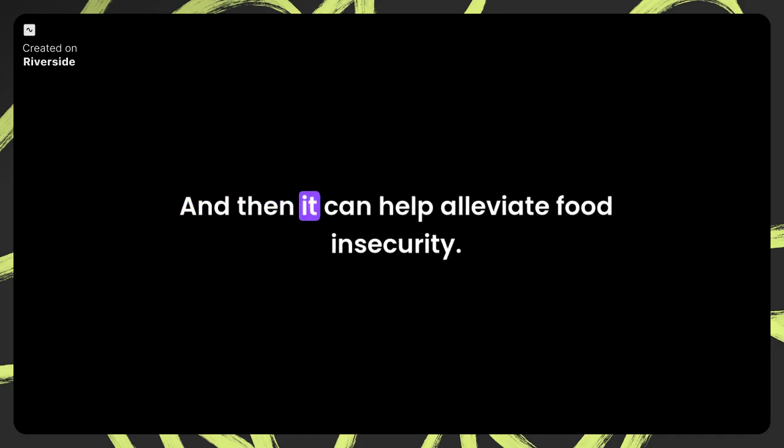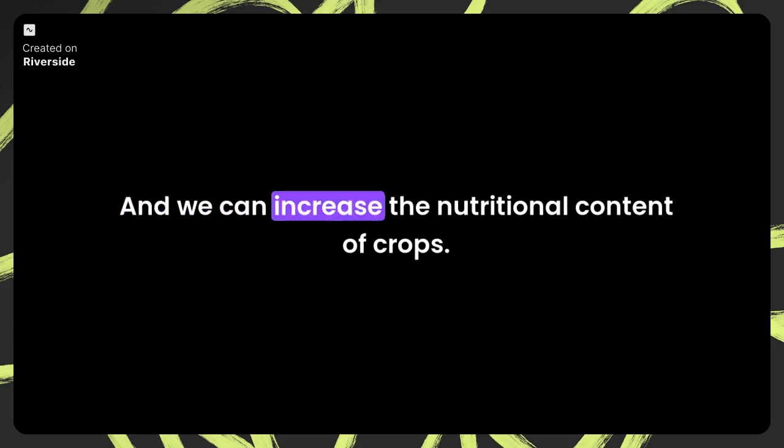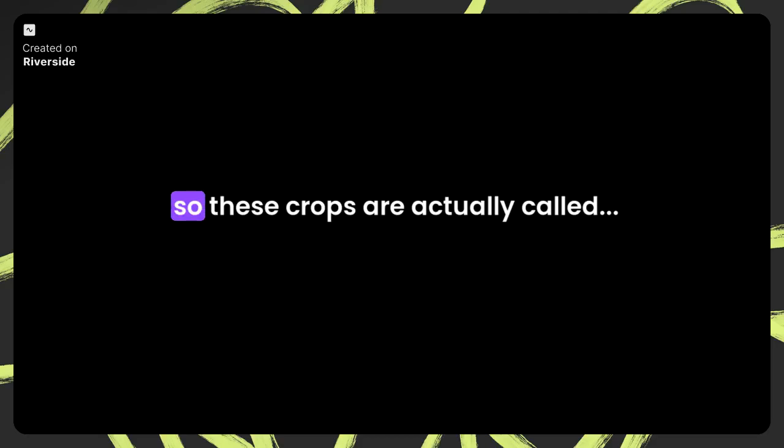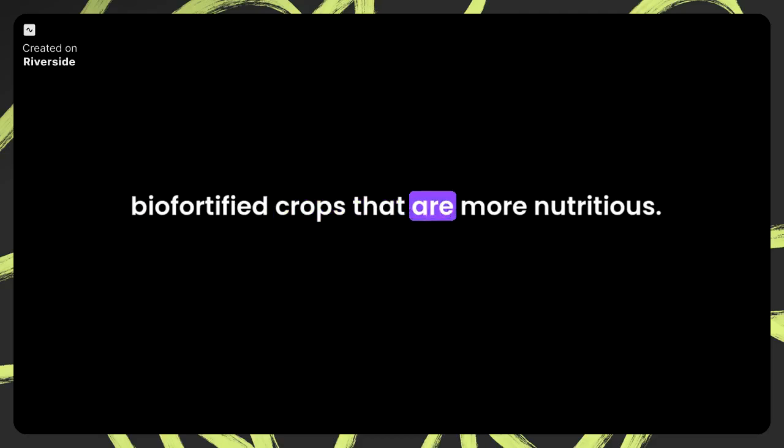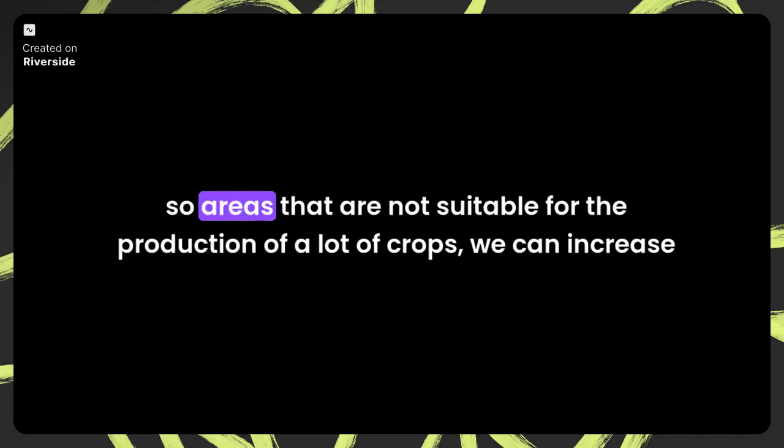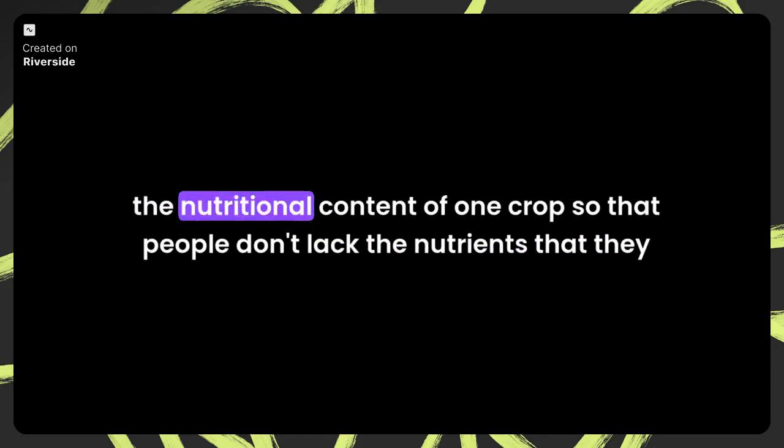And then it can help alleviate food insecurity, and we can increase the nutritional content of crops. These crops are actually called biofortified crops that are more nutritious. So areas that are not suitable for the production of a lot of crops, we can increase the nutritional content of one crop so that people don't lack the nutrients that they need to survive.